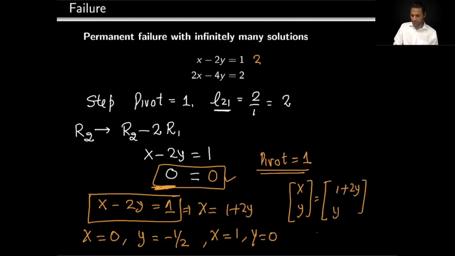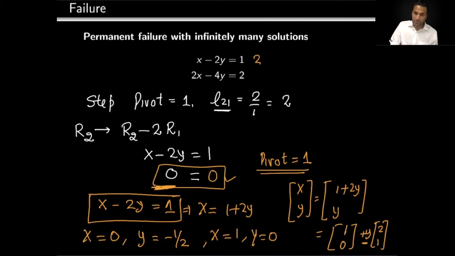And we can write this system as a sum of the vector (1, 0) and then y times (2, 1). So this gives you all the infinitely many solutions: the vector (1, 0) plus any constant, basically y is now a term that can be an arbitrary constant. This is the infinitely many solutions of the system.